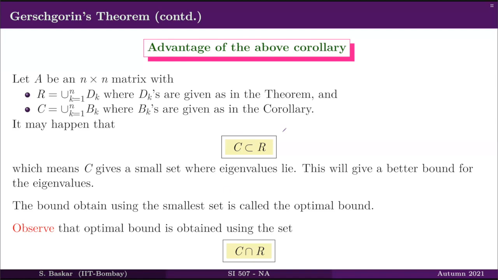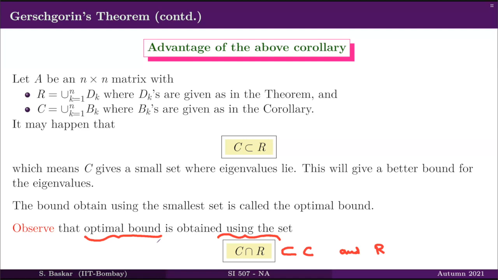Of course, you can always take C intersection R, which is always going to be contained in C as well as in R, right? Therefore, in that way, you can also get a much more optimal region that encloses the eigenvalues. And that can also lead to optimal bounds for our eigenvalues.